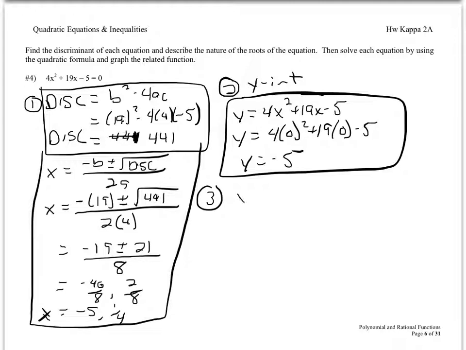is to find the derivative, which would be 8x plus 19, set it equal to 0, solve that. It's going to give you a critical value of negative 19 over 8.